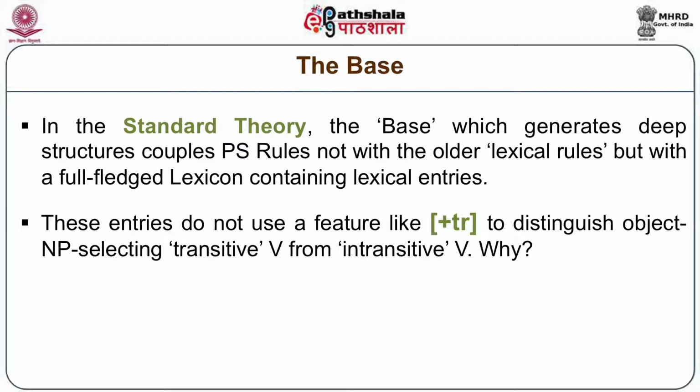Why? You need to distinguish between transitive verbs, which you will then call V plus TR for transitive, and intransitive verbs, which in such a feature system you will describe as V minus TR, where minus TR is the intransitive feature, because you need to make sure that the right verbs get chosen in the right environments.